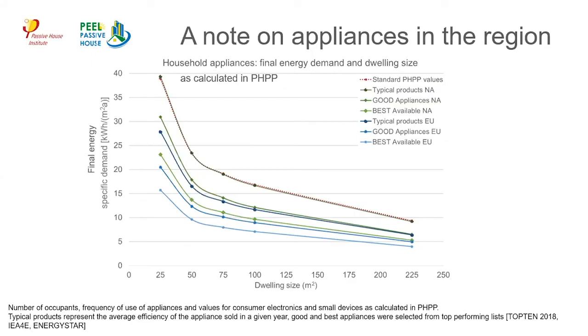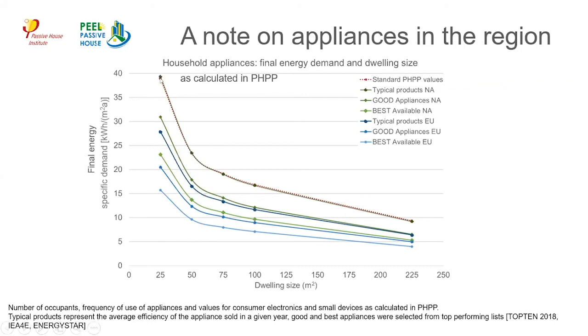And so one of the things that we also did in this project was to take a look at how efficient the appliances currently available in the market are. We took a look at appliances not only in the European Union, mainly Germany, but also in North America, in Canada and the US.